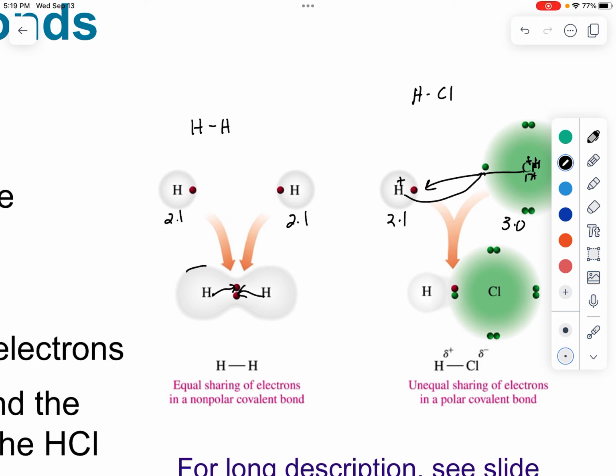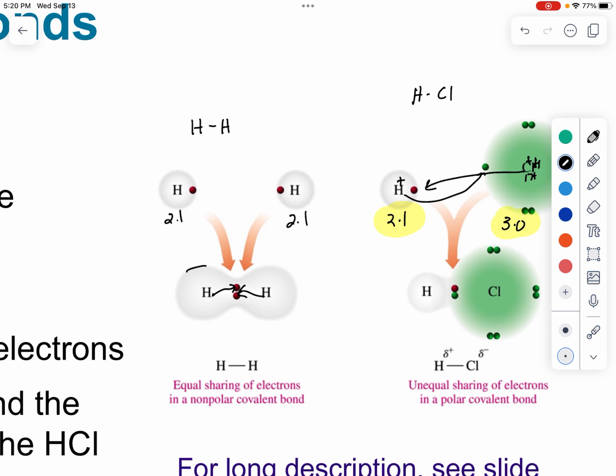Well, that is reflected in these electronegativity numbers. So chlorine, having a greater ability to attract electrons, is going to have more electron density around it.